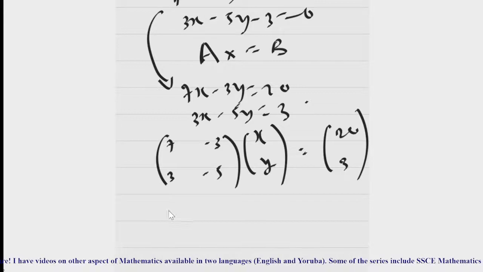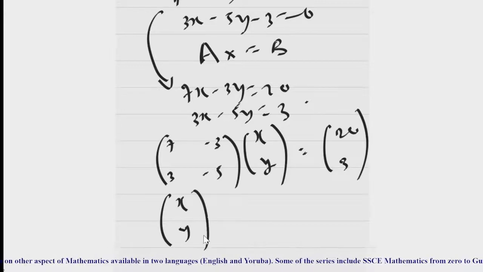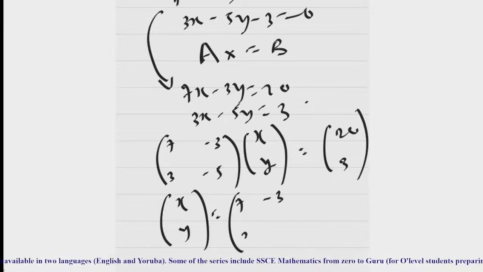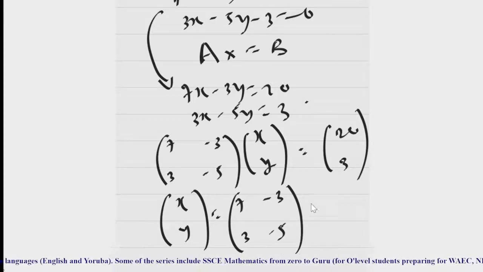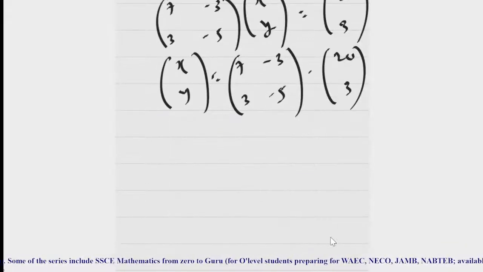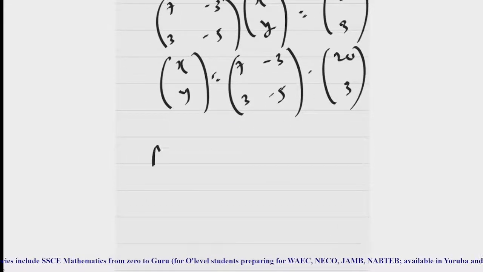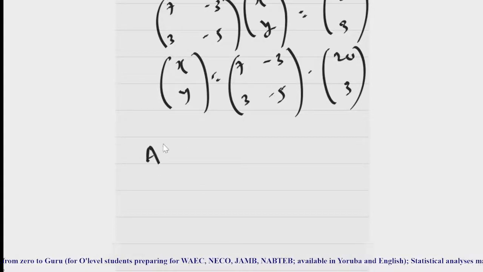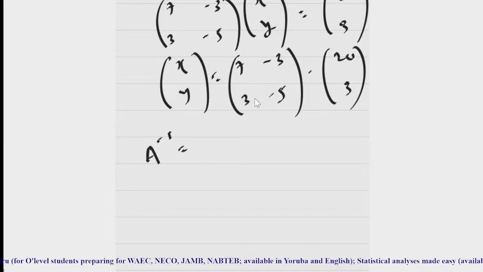You understand now? Then we now say that our x, y will now be what? The inverse of this guy, 7, minus 3, 3, minus 5, multiplied by what? 20, 3. Okay, what will now be the inverse of this? Don't forget, this matrix inverse, A inverse will now be what? The shortcut method, let us use it.